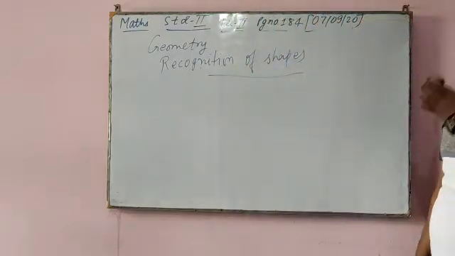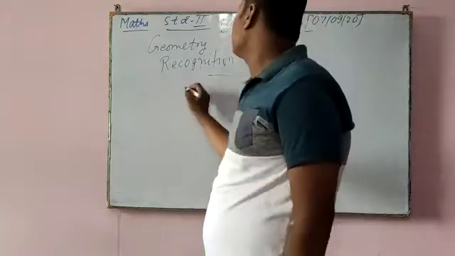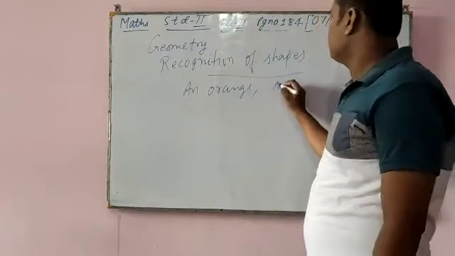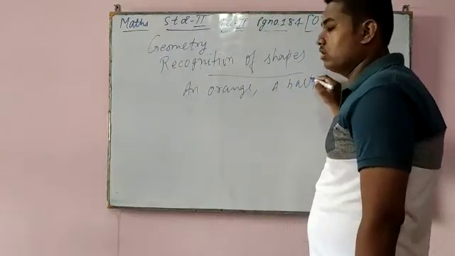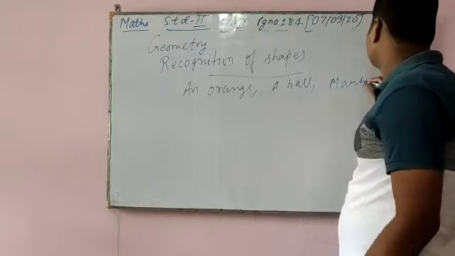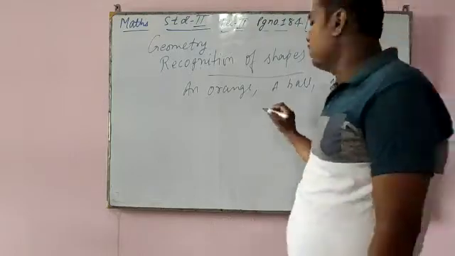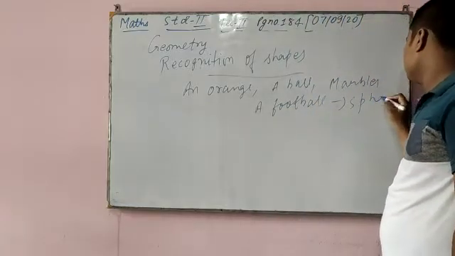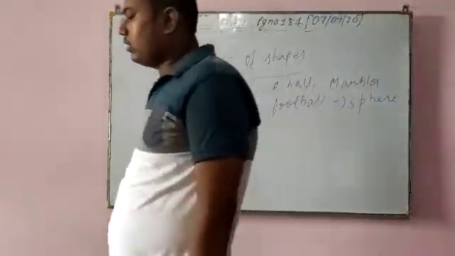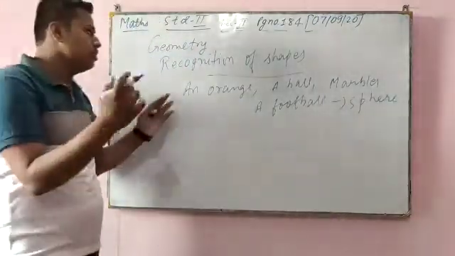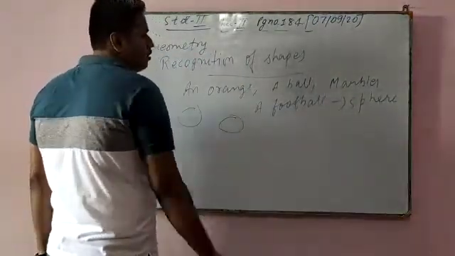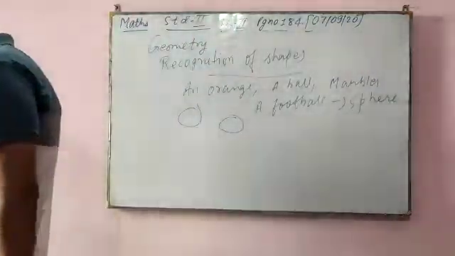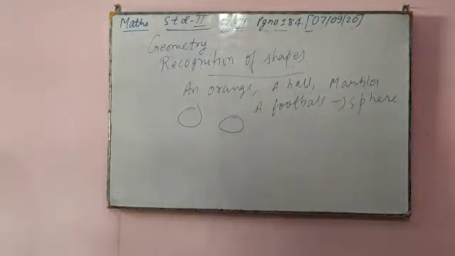There is an orange. If you have seen an orange, a ball, a marble, which means a small round one, or a football, what is the shape of all of these? Sphere. All of these are round, so due to the round shape, this is known as a sphere. S-P-H-E-R-E.